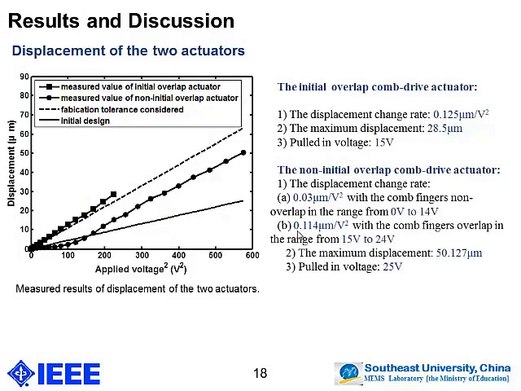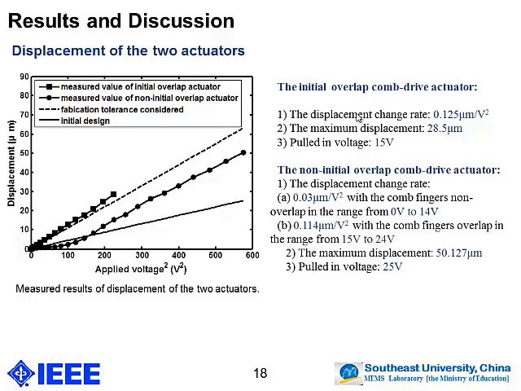This is the result of the actuators. For the initial overlap comb-drive actuator, the displacement generated is about 0.125 micrometers per voltage, and the maximum displacement is about 28.5 micrometers.